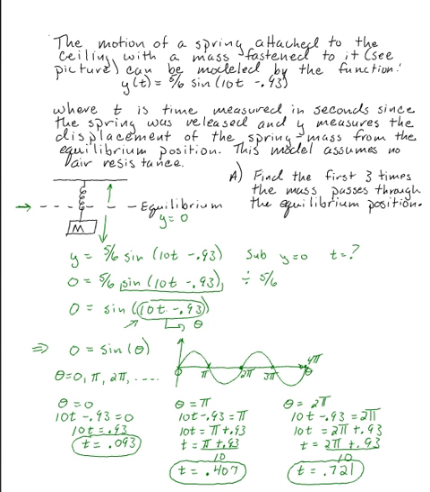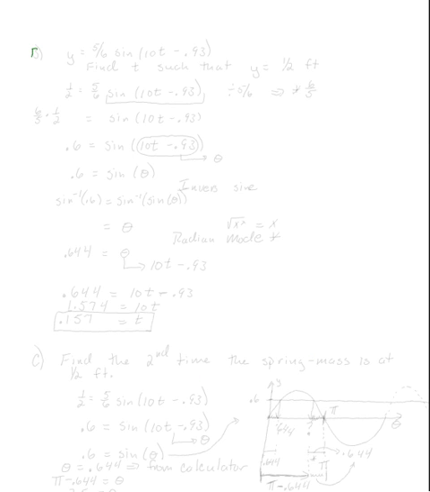Let's look at another one in reference to the same problem of the spring. So I'm going to write down my equation again. y equals 5/6 sine(10t minus 0.93). And let's find the first time when y is equal to, let's say, 0.5.